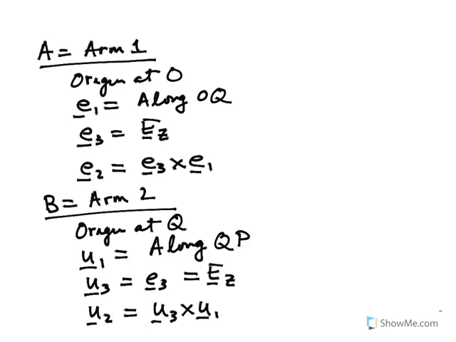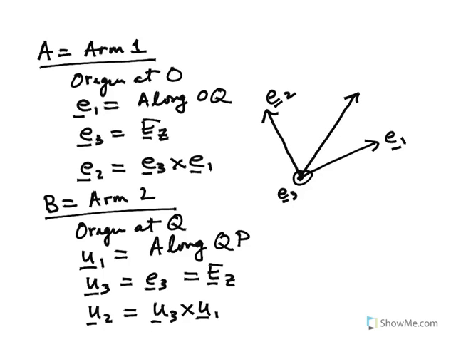Now, let's draw a little diagram here and see what this looks like. So here is the direction E1. That's the direction along the first arm. Here's E2, and then E3 is out of the page. Then the angle phi comes into play.